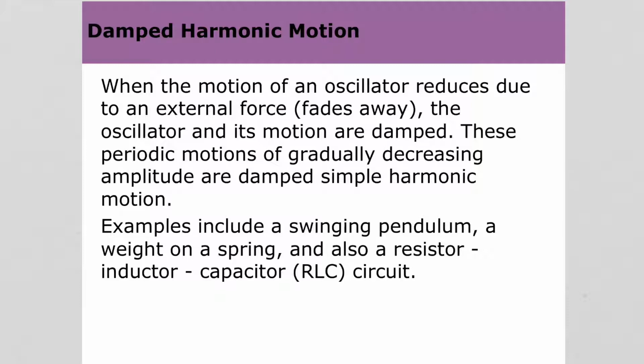Instead of the spring going up and down and continuing at the same motion, it's going to reduce over time. That's damped harmonic motion. Examples include a swinging pendulum, a weight on a spring, also a resistor inductor, if you know what that is.